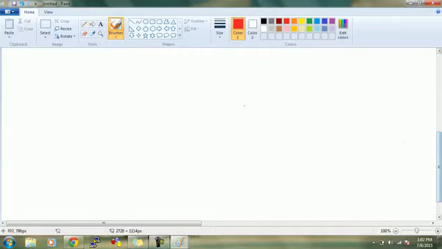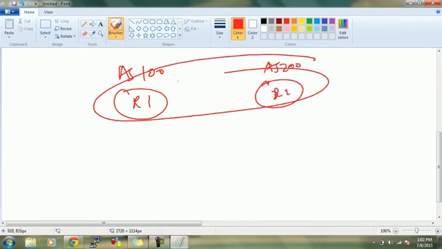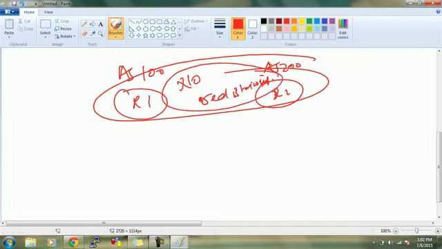Now guys, some people ask me this question: sir, this is R1, here we are running AS 100, this is R2, here we are running AS 200. In this case there will be no redistribution, because for redistribution we have a condition.